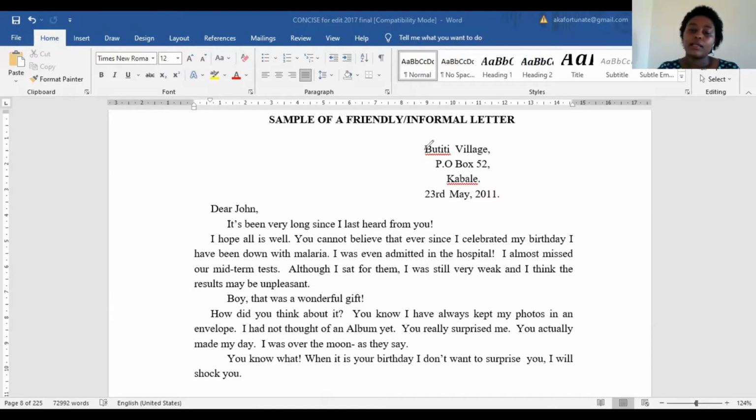When I say it is slanting, I mean the address is not on a straight line. This one begins from this side, then this one comes a little in, then this one comes more inside. That is what we call a slanting address. The other thing that we need to note about this address is that every line of the address ends with a comma.